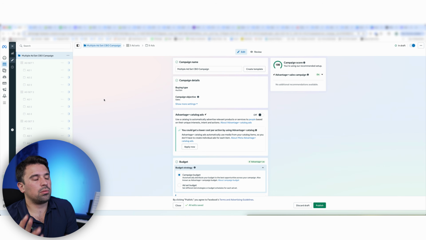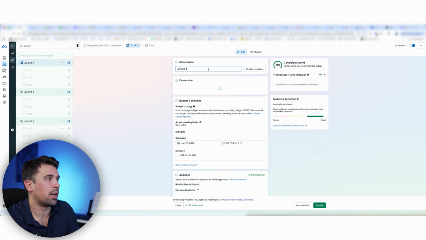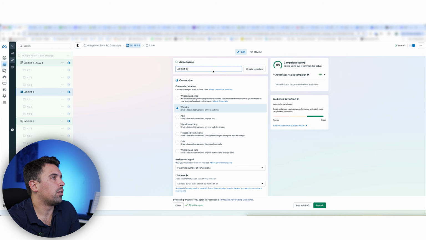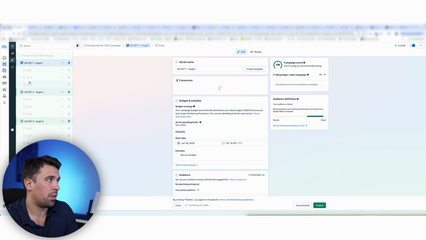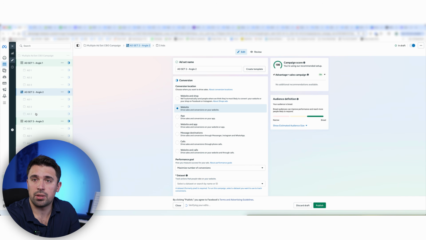Now, what's the purpose of testing multiple ad sets at once? The way that I typically use this is I will test multiple angles inside of these ad sets. So maybe I'll do angle 1, ad set 2, angle 2, and ad set 3, angle 3. In angle 1, all the ads are related to angle 1, angle 2, and so on and so forth.